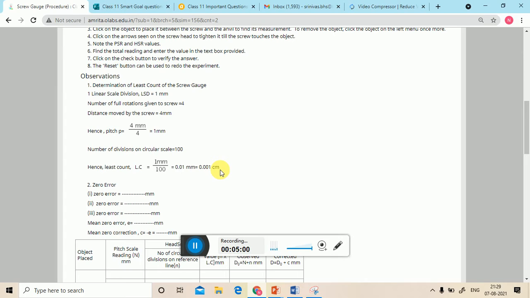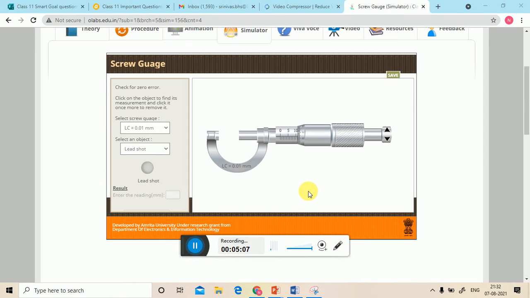Now I will show you how to find the least count of the given screw gauge. In this simulation video, if you observe, I am trying to move this screw to displace it by 1 millimeter. If I rotate this, it will displace 1 millimeter, and the number of rotations I use to displace this 1 millimeter is 1 rotation.